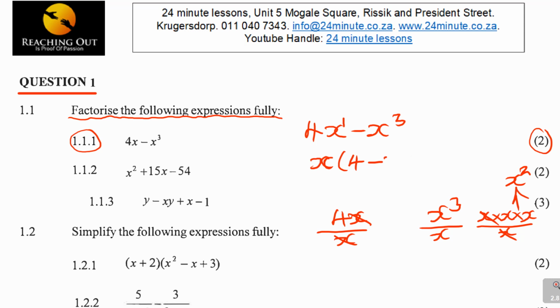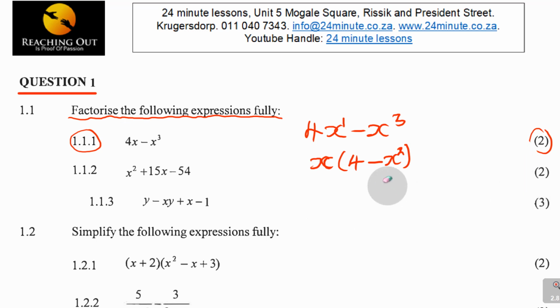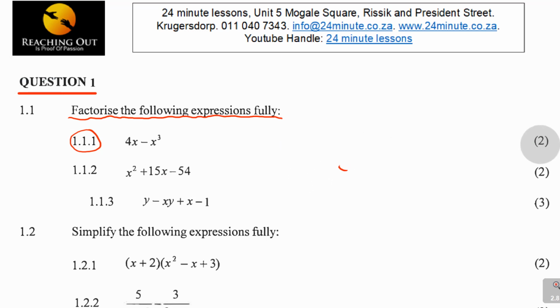So this will be x squared there. Then you close that bracket, so you've got x to the power of 2 there, and that's the factorization for that. You get 2 marks for that. Difficult? Not really. It's just the beginning of factorization. All right, so that is the first part.